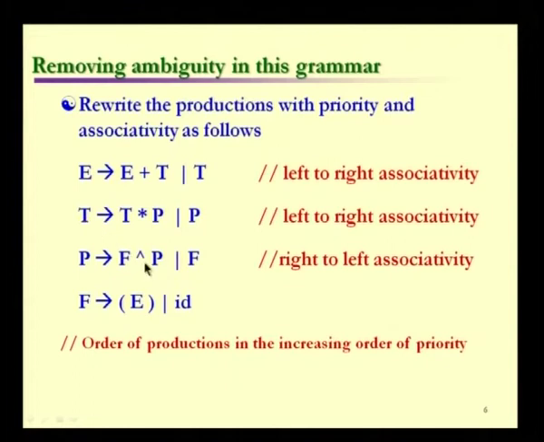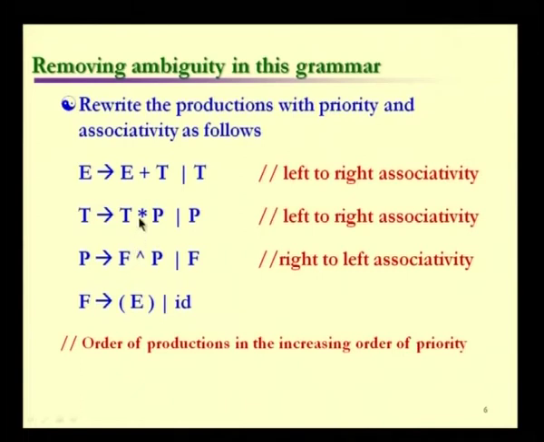But when you go for exponentiation, the left hand side of the production is still used on the right hand side, but not in the leftmost position; it is on the rightmost position. So we find two different ways of writing the productions. One is E derives E plus T and T derives T star P, and the other one is P derives F to the power P, where P is on the right side rather than the left side.